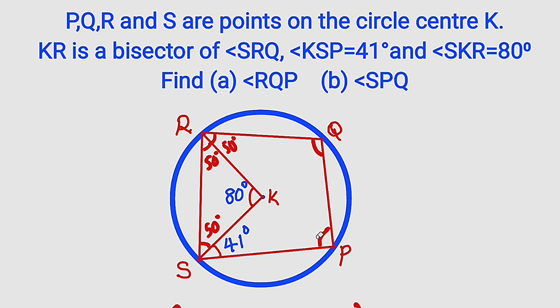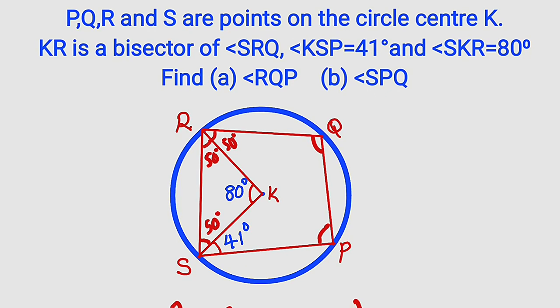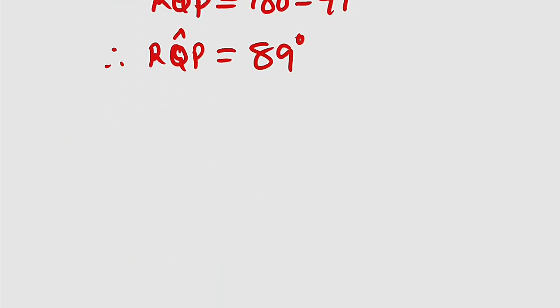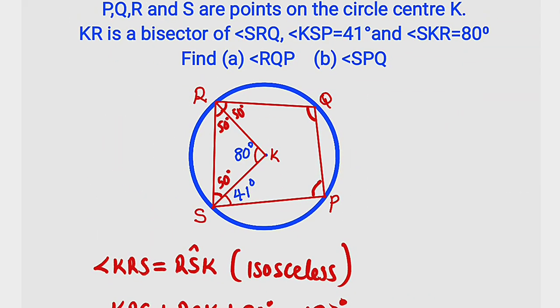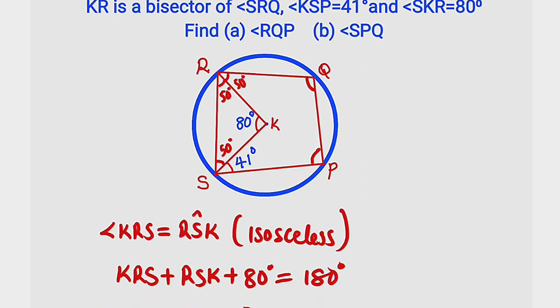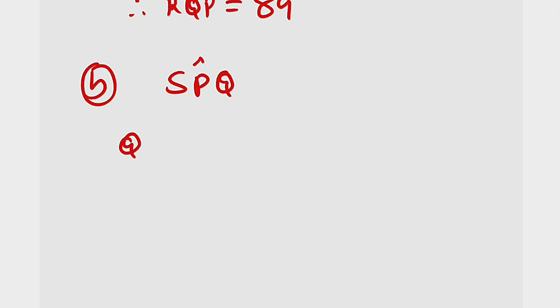Now let us find this one. And this angle right here will be 80 because we already have 100 here. So for part B, we are looking for SPQ. This is an angle. But if you add it to the other angle, which is QRS, plus the angle we are looking for, it will give us 180.